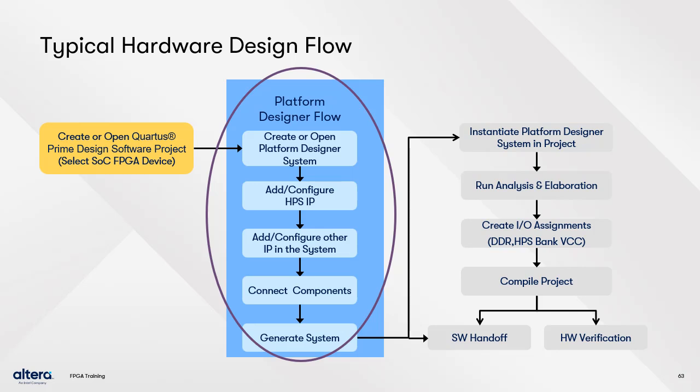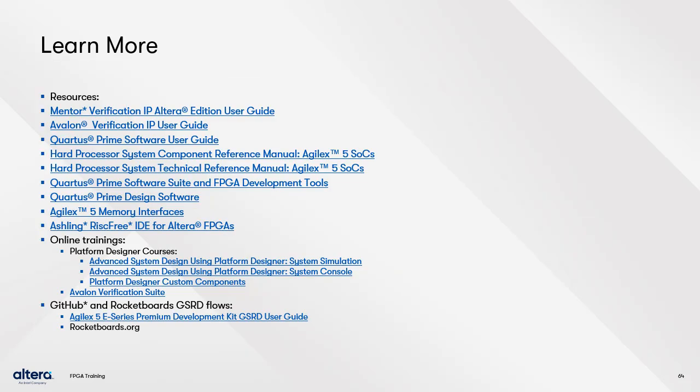After generation, you can perform functional simulation of components and interfaces using Avalon or AXI BFMs, or instantiate the system in your Quartus Prime software project in order to compile it. You'll need to run analysis and elaboration first, then make the appropriate I/O assignments, and finally perform a full compile of the design to create the FPGA programming bitstream necessary for on-chip hardware debug and release using the debug tools suggested.